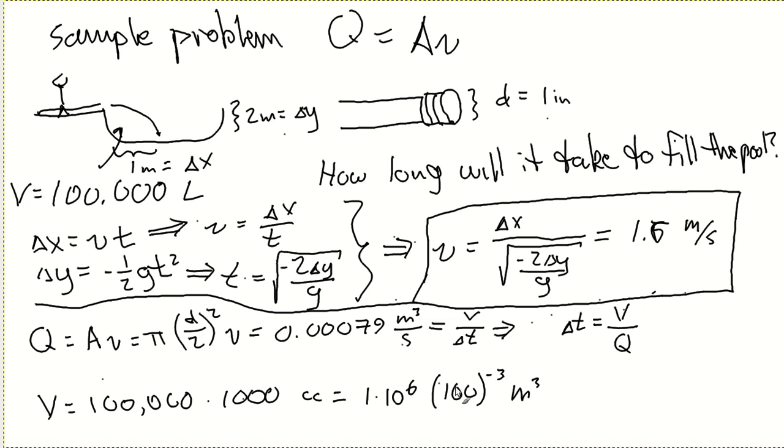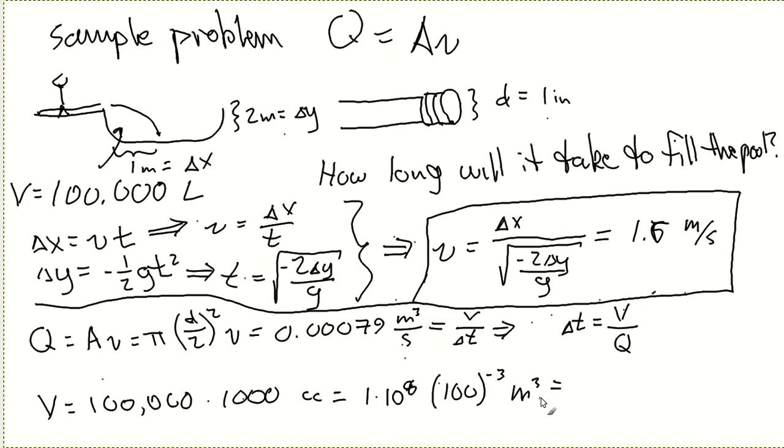What is happening? Oh, I did this wrong. 100,000 times 1,000 is 10 to the 5 times 10 to the 3. This is 10 to the 8th. Okay. I knew something seemed wrong because I was about to get that my pool was 1 cubic meter, and that would be like a really tiny pool.